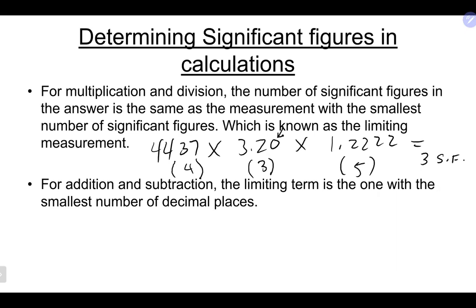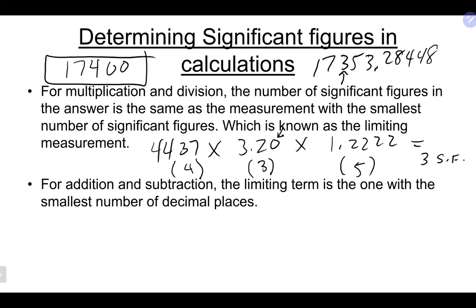I think this is 17353.28448. Reminder, your calculator doesn't give you the right number of sig figs. So we want 3 sig figs, which takes us here. We need to round up because of the 5. We also need to keep the zeros to maintain the value of the number. So we should end up with 17400 as our answer in this particular case.